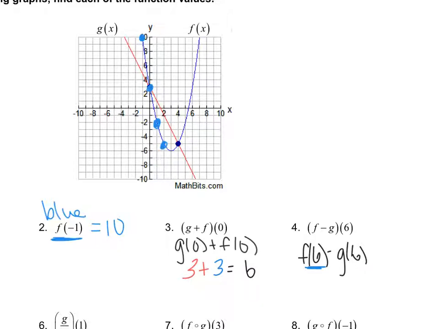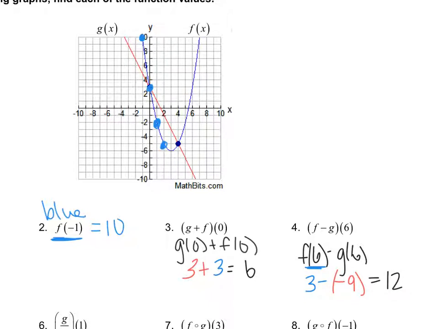So go to where x equals 6, go find the blue function, which is the f of x function, and that's 3, minus, once again go to 6 and go to the red function, which is g of x, and that equals -9. So minus a -9. Make sure you use parentheses. That equals 12.